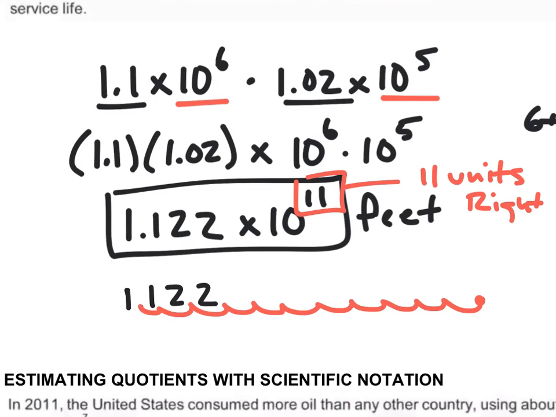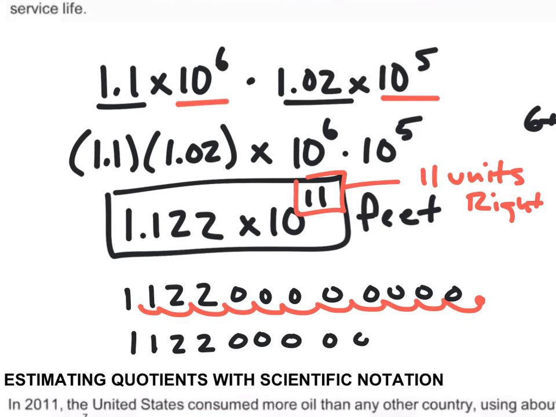I'm going to fill this in with zeros. 1, 2, 3, 4, 5, 6, 7, 8. And so we have the number 1, 1, 2, 2, 0, 0, 0, 0, 0, 0, 0, 0 feet. All right, well, that's how many feet? 112 trillion feet. That's a lot of feet, okay?